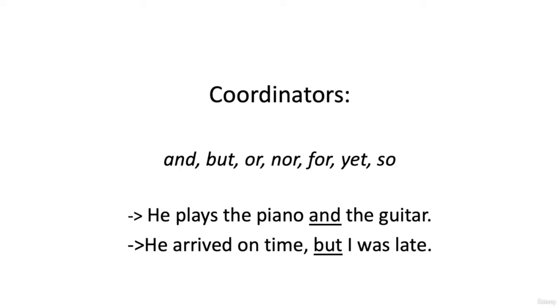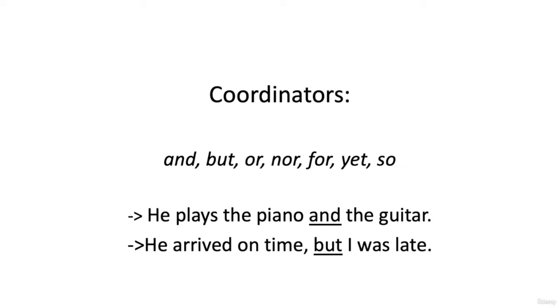Coordinating conjunctions, also called coordinators, are used to link two or more main or independent clauses or nouns. The 7 coordinators are and, but, or, nor, for, yet, so.